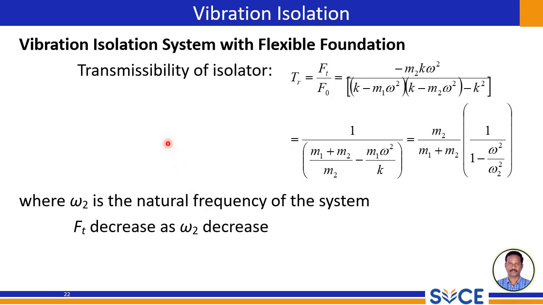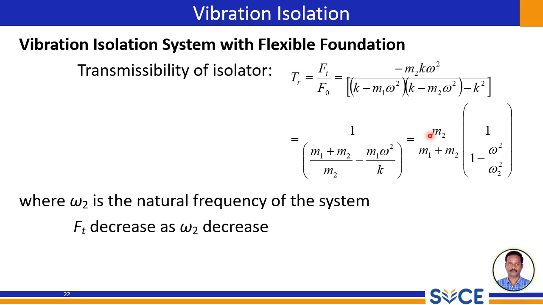Now, let's analyze the transmissibility of the isolator in our vibration isolation system with a flexible foundation. Transmissibility, as we discussed, is a crucial metric for evaluating the effectiveness of the isolators, which is shown mathematically and expressed here.